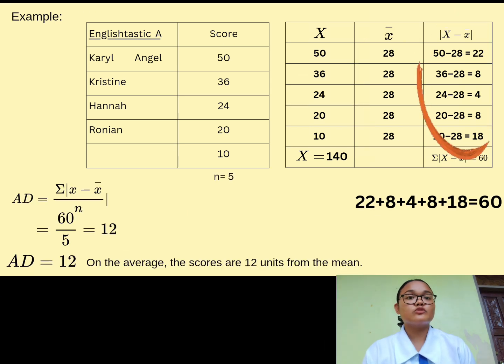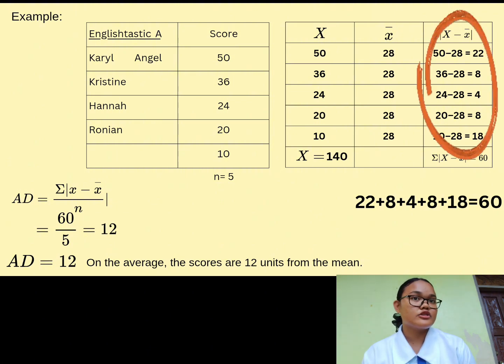Next is to compute the absolute value of x minus x bar. All we have to do is to subtract the x bar from the x. So we have 50 minus 28 is equal to 22, and the absolute value of 22 is 22. Next is 36 minus 28 is equal to 8, so the absolute value of 8 is 8.